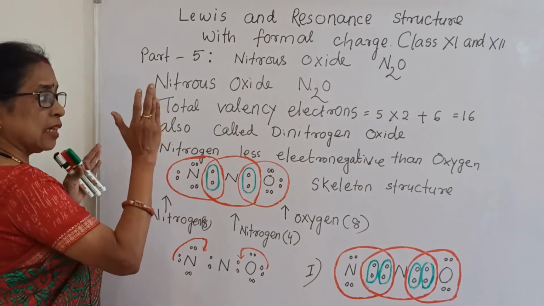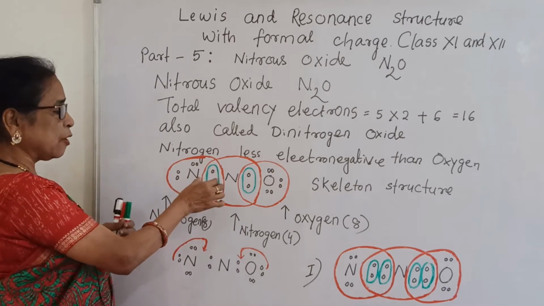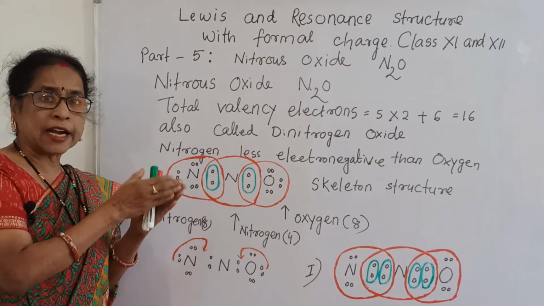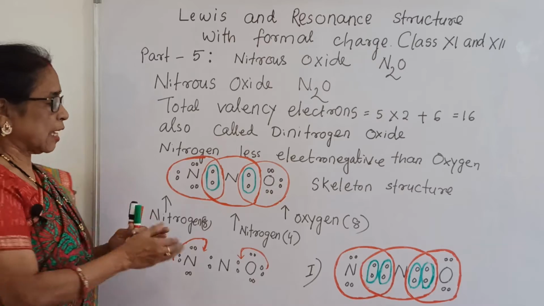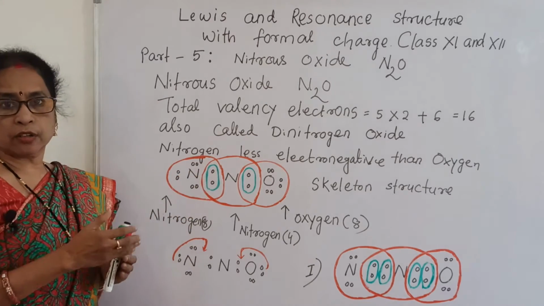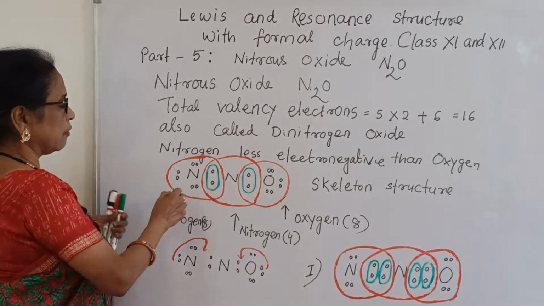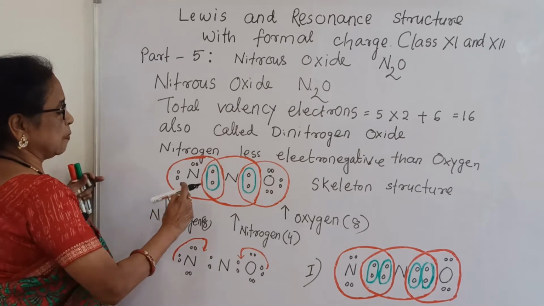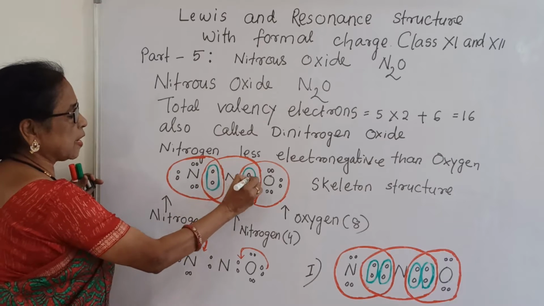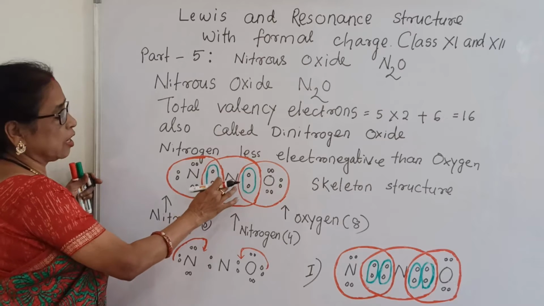The total number of valence electrons should be 16. And between the atoms there should be one chemical bond formed. That means sharing of electrons should take place. That is why first I put this pair of electrons and this pair of electrons in the middle of the atoms, forming chemical bonds.